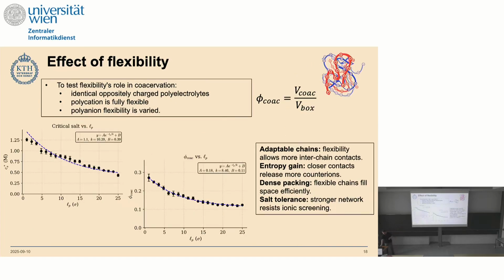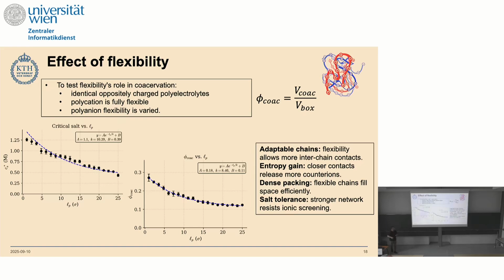So first, to isolate the effect of flexibility, I made a system with identical oppositely charged polyelectrolytes, and without losing generality, I defined the polycation to be fully flexible and changed the flexibility of the polyanion to see the effect of flexibility.